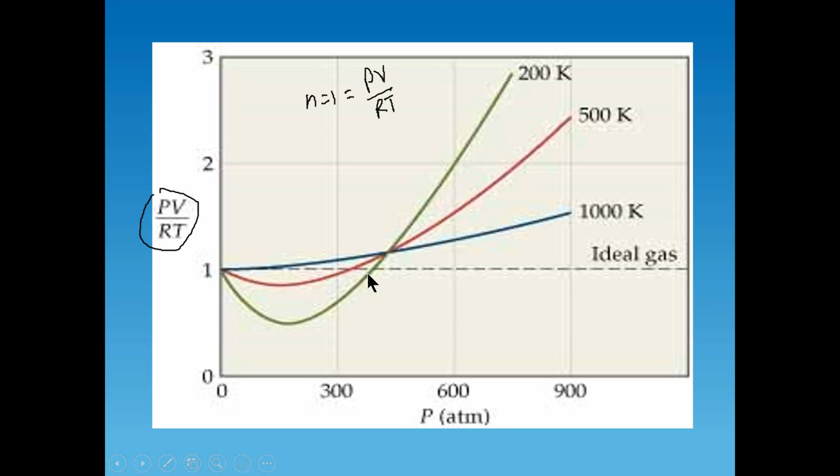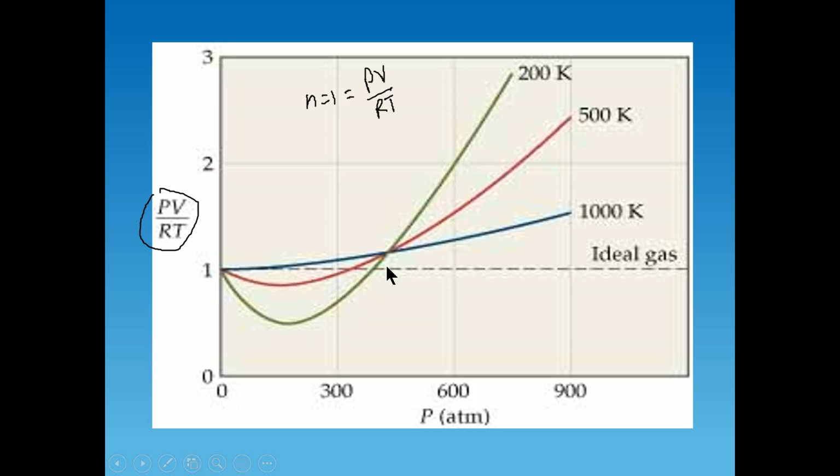So the green line represents the plot when the temperature is 200 Kelvin, the red line here represents a plot when the temperature is 500 Kelvin, and this blue or purple line here represents a plot when the temperature is 1000 Kelvin. And if you look at these curves closely, you'll see that as the temperature increases, the curve basically flattens out, all right?